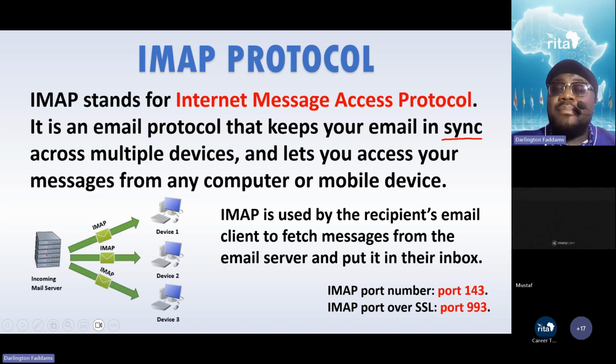So with IMAP, the messages do not leave the server. The messages are always on the server. And so when a second device comes in, the second device also configured to the same server will also see the same messages.